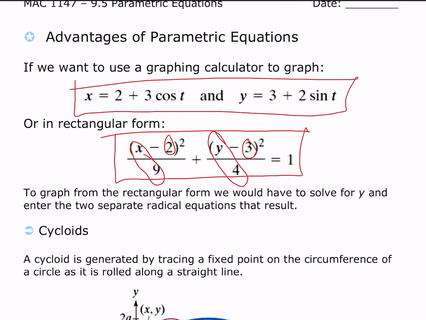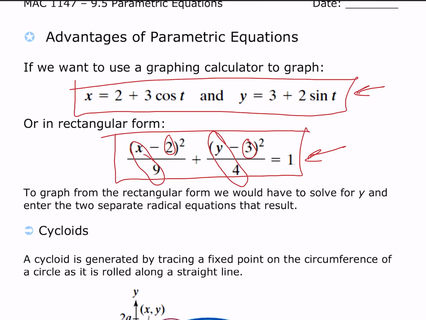And you could already draw yourself a pretty accurate graph. This graph would not have motion to it. This graph, however, would have a direction of rotation, a starting point, an ending point. So that's a couple of interesting distinctions between parametric equations and rectangular equations.